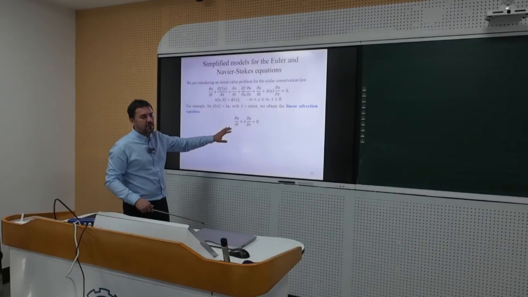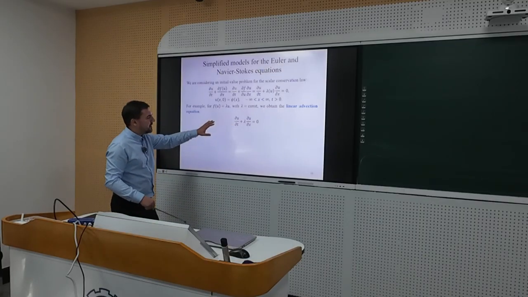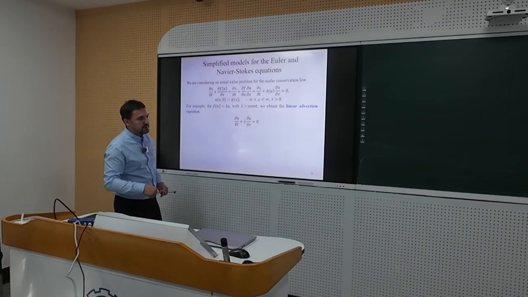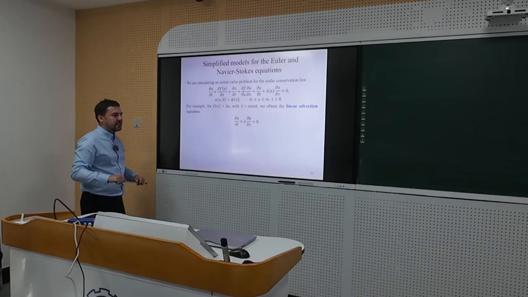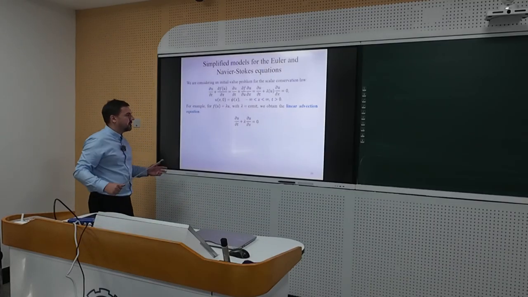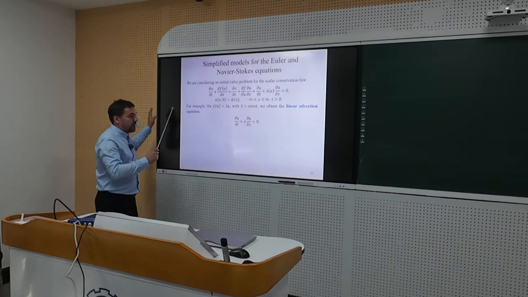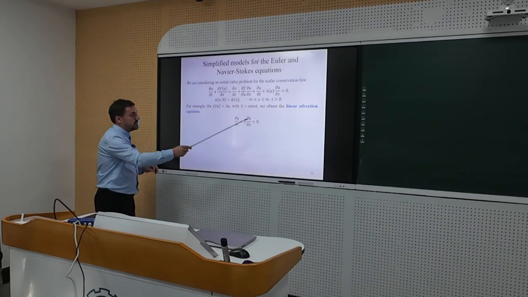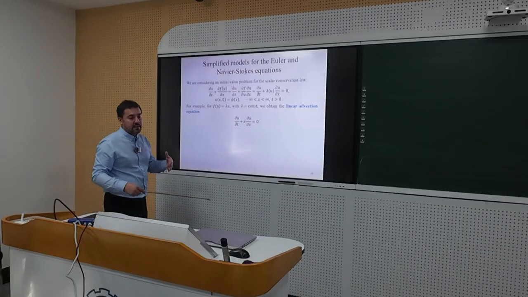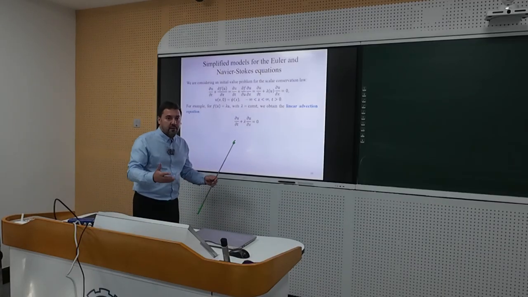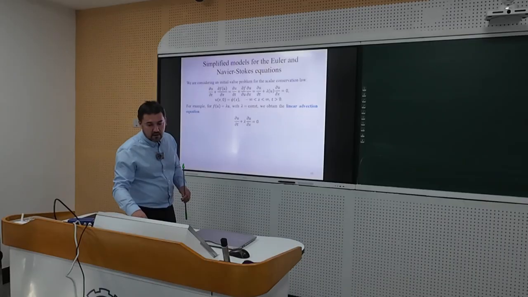It looks like a very simple object, right? But actually, many issues related to numerical methods can be explained and demonstrated for this very simple model. On the other hand, you can understand that this model in many aspects mimics the behavior of the real Euler system.